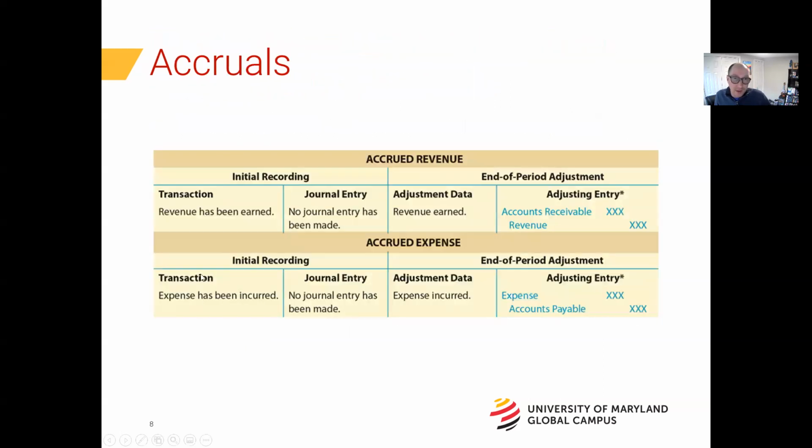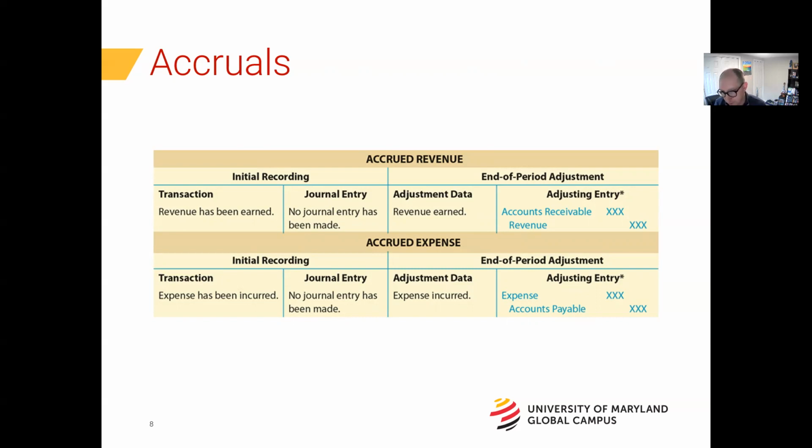Okay, so looking at a couple of examples, accrued revenue, accrued expenses for accruals. For accrued revenue, in this example, I earned revenue at the end of the accounting period. And there was no adjusting entry, there was no original entry made for the revenue that has been earned.